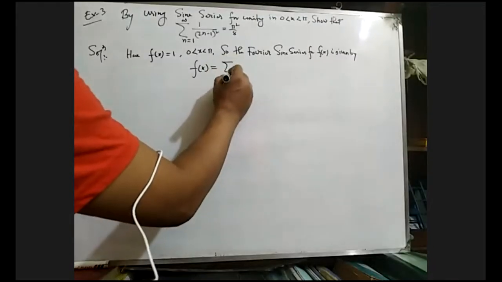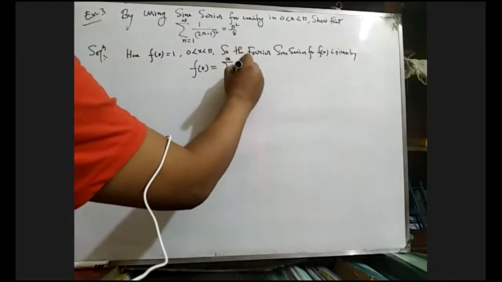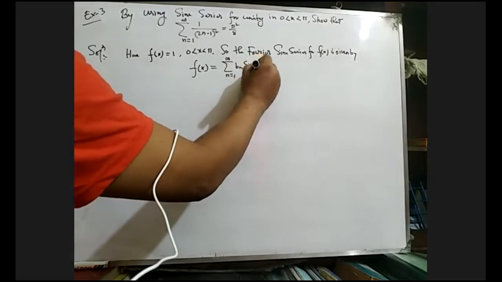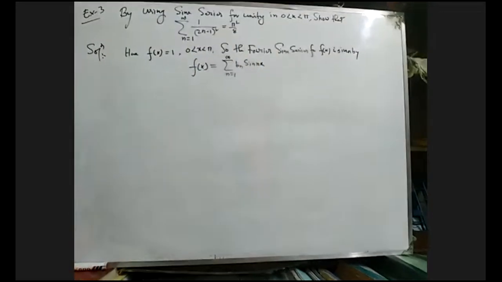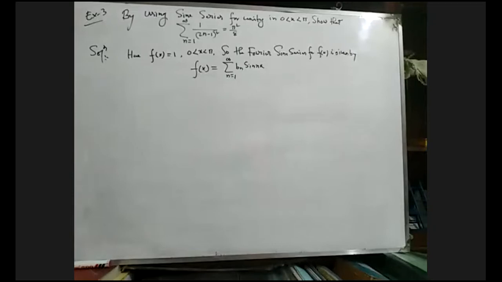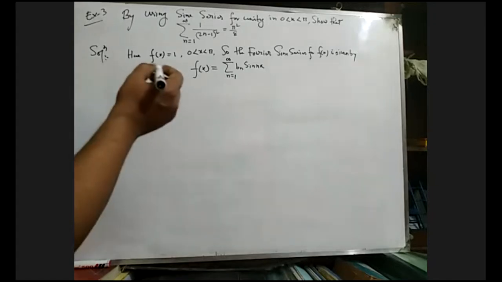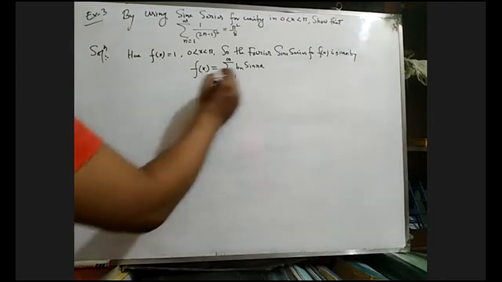So we get only the summation n equals 1 to infinity bn sine nx. Okay. Now first of all we have to find the bn for this. So this is equation number 1.